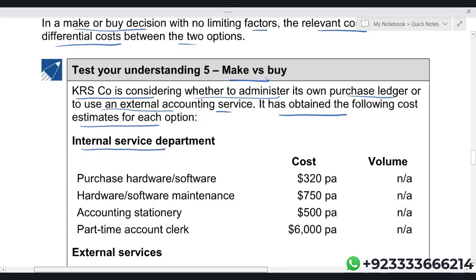Internal service department. Purchase of hardware and software will cost you $320 per annum. Hardware and software maintenance 750. Volume is not applicable. Accounting stationery 500 per annum. Part-time accountant, you have to hire a clerk, 6,000.